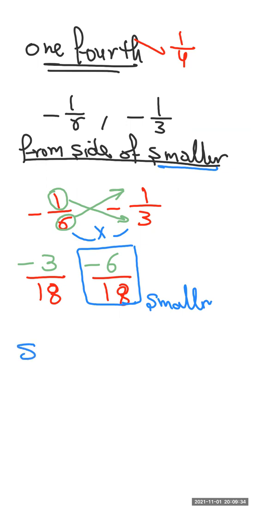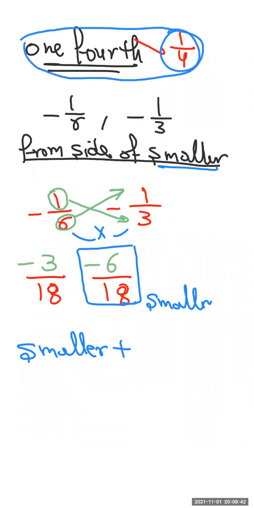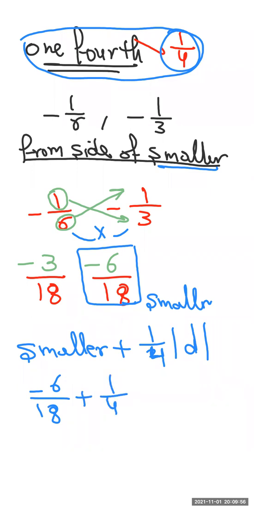So smaller plus 1/4 times the absolute value of the distance. So smaller, we said that it's -6/18 plus 1/4 distance.